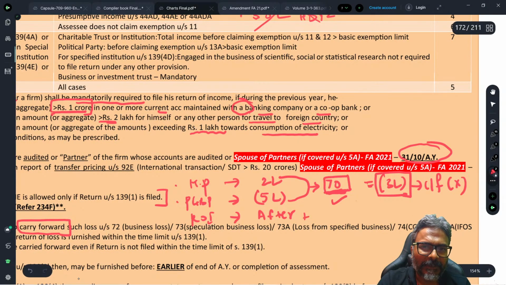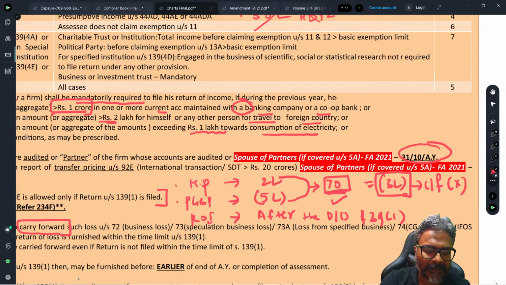After set off, whatever is the balance loss will not be allowed to be carried forward. I hope this point is well taken by all of you. Every one of you is clear about this? Shall we then proceed further? If you all are clear with this particular proposition, students, find any doubt. So this is what it is in this context.